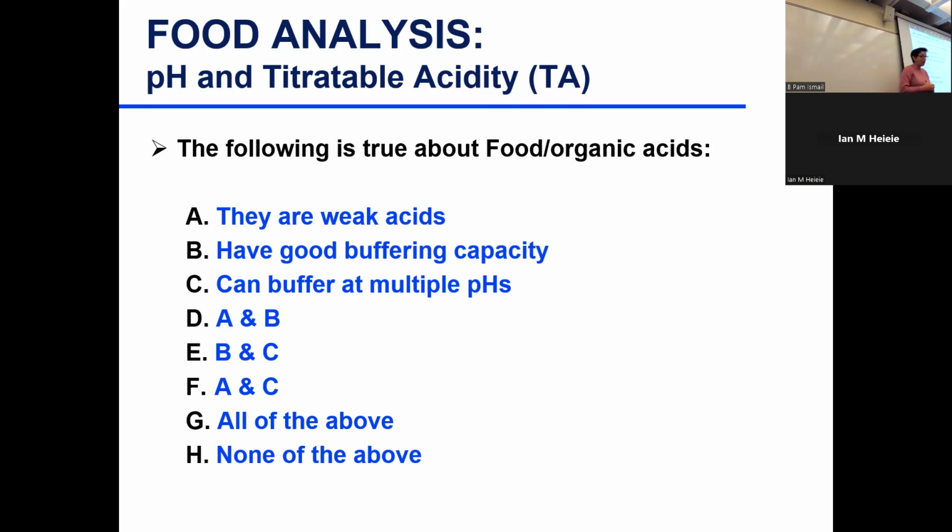The pKa of each carboxyl group is different based on its position. So basically, yes, all of the above is correct. They're weak acids, they have good buffering capacity, and they buffer at multiple pHs because some of them might have more than 1 carboxyl group.